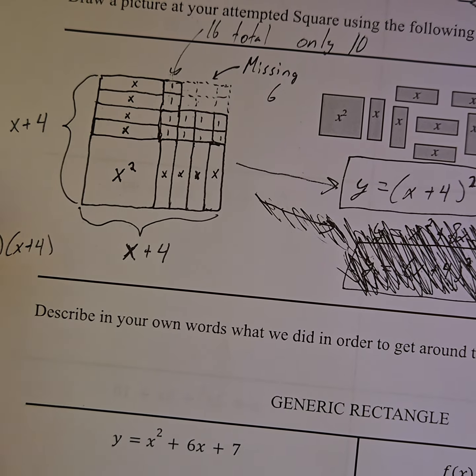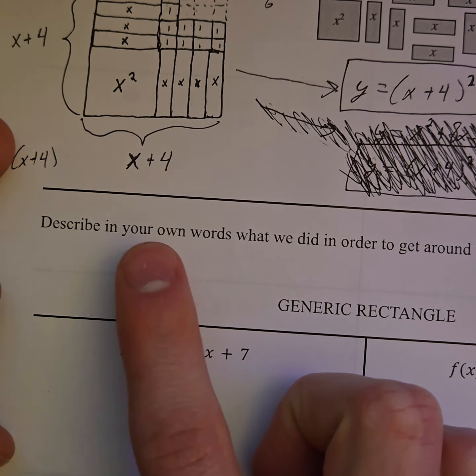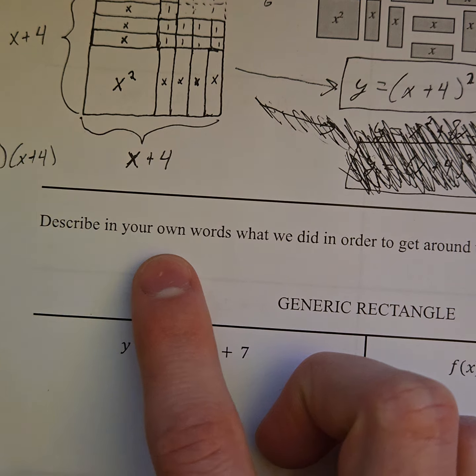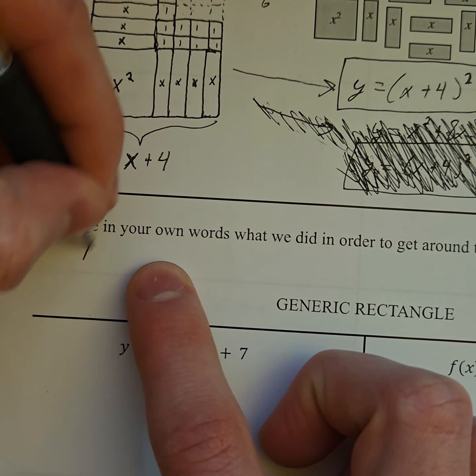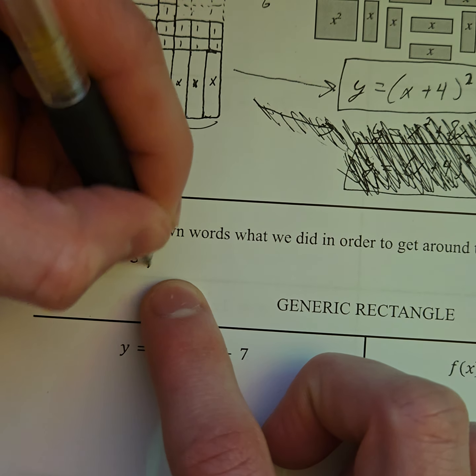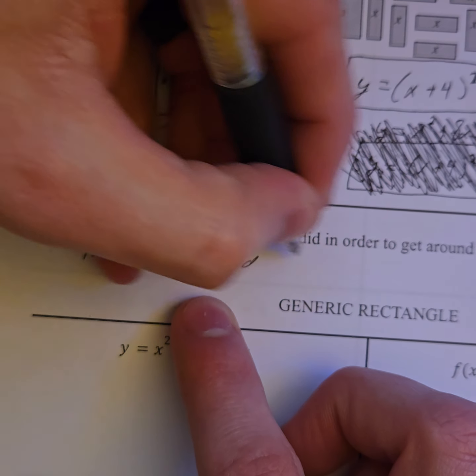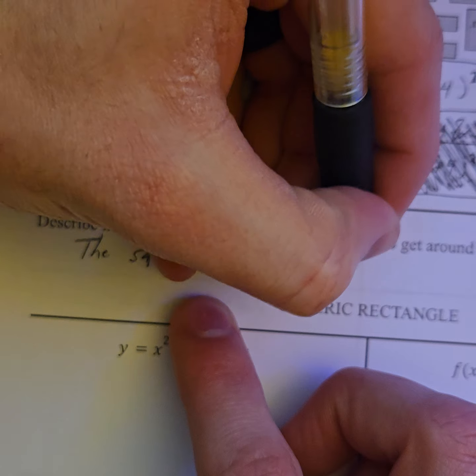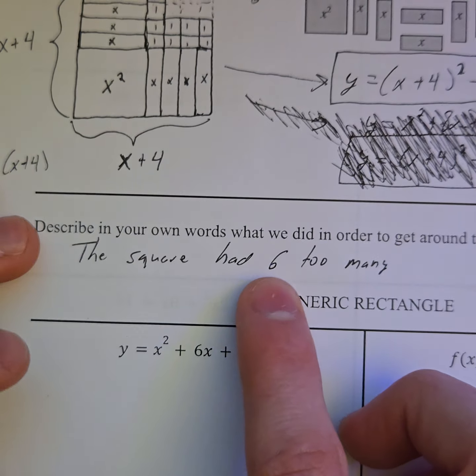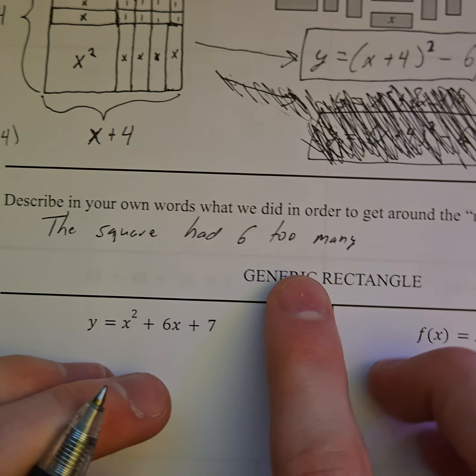All right, so something I would maybe write here, if you didn't write anything, you could maybe write this. The square had 6 too many. It had 6 tiles too many.